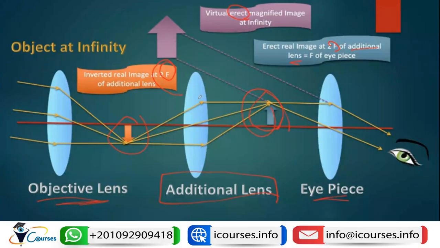This is by virtue of adding an additional lens between the objective lens and the eyepiece, so that the image of the objective lens is placed at double f of the additional lens, and the focus of the eyepiece is again at the double f of the additional lens.